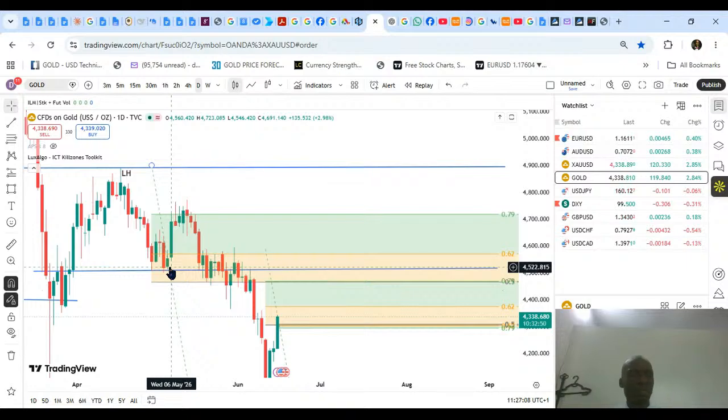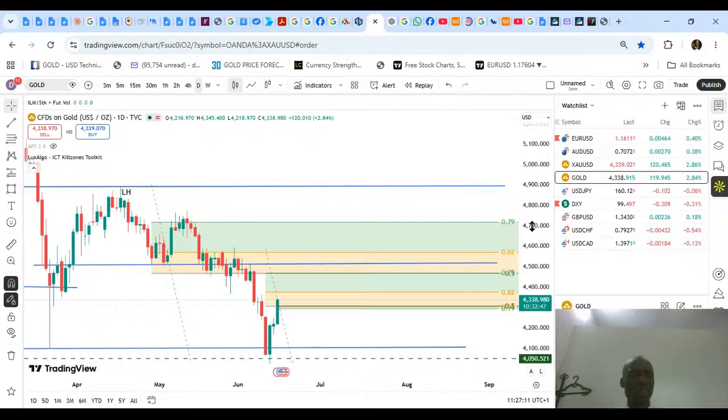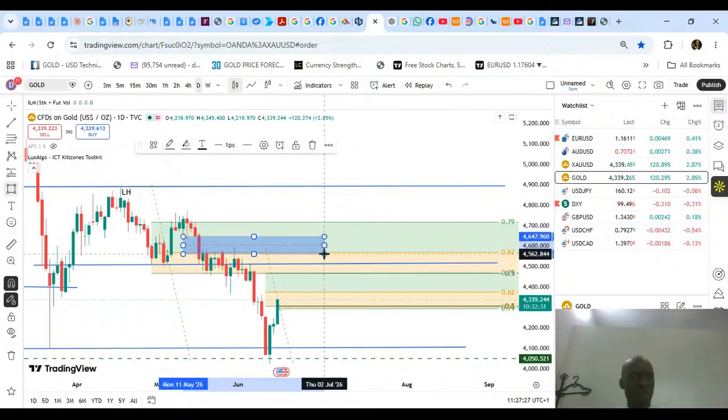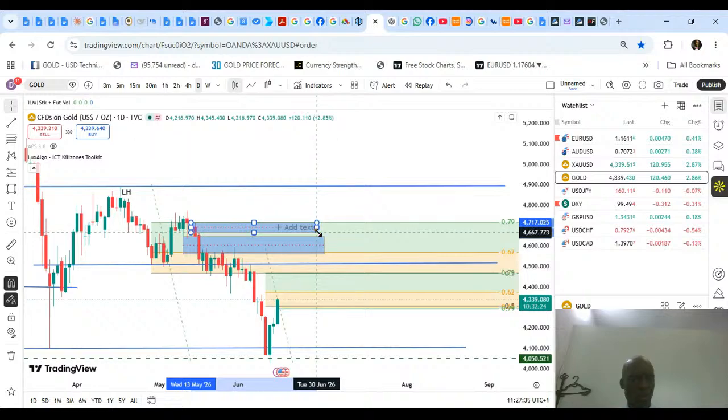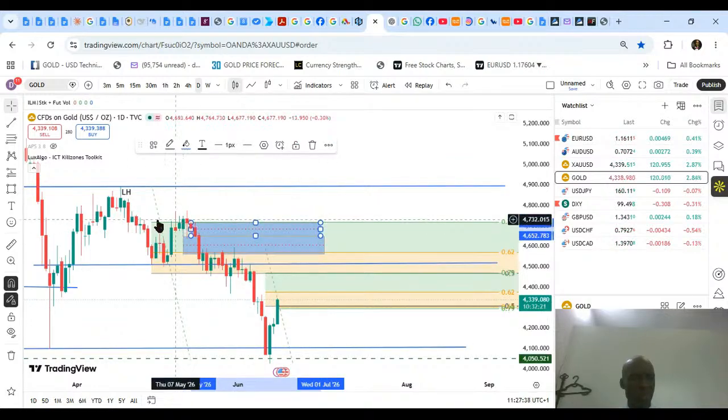So for instance, you can see that as this market was pushing down to create this new lower low, we can see fair value gaps here. You can see fair value gaps here. You can see order blocks. This is the order block actually that produced this movement downwards.